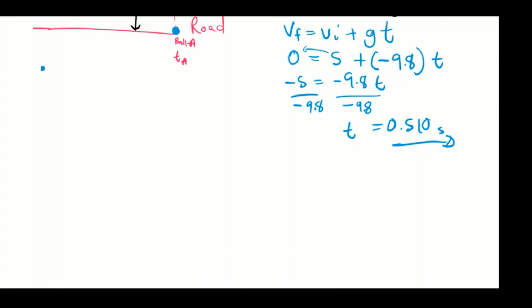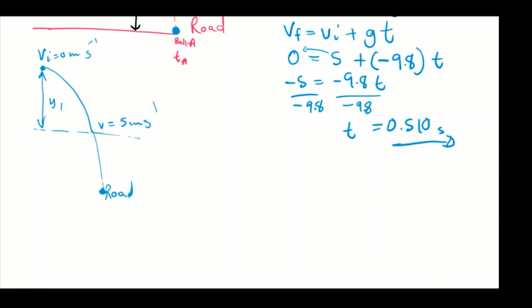It's from the maximum height where v initial is equal to 0 meters per second. At this point the v is equal to 5 meters per second, so it's still at the top of the bridge, and then there is our y1, and then we go straight to the bottom where there's the road.